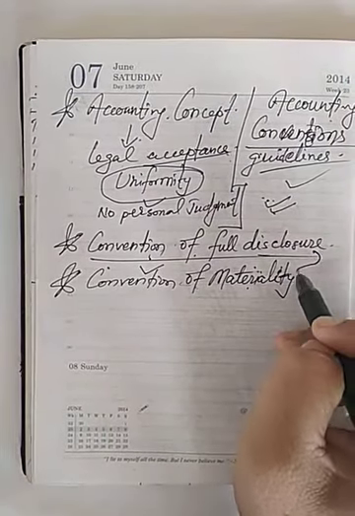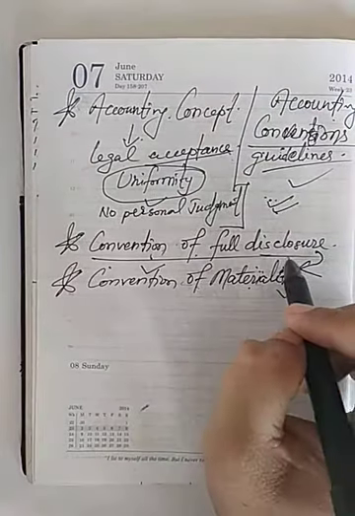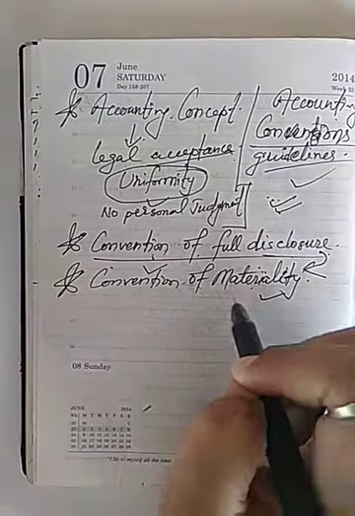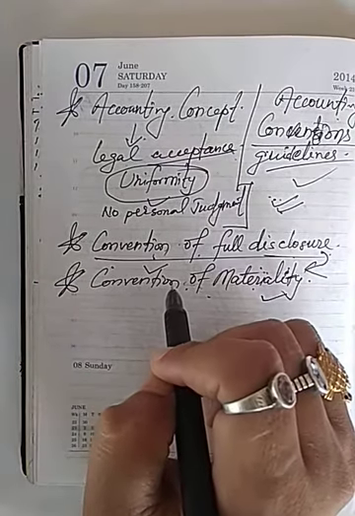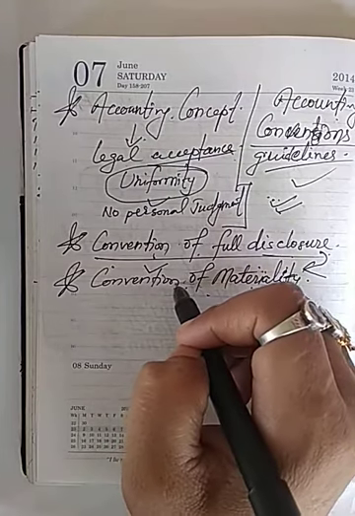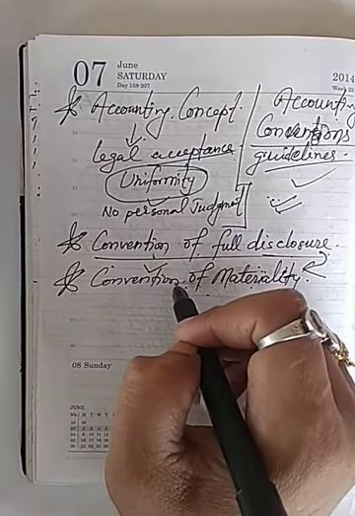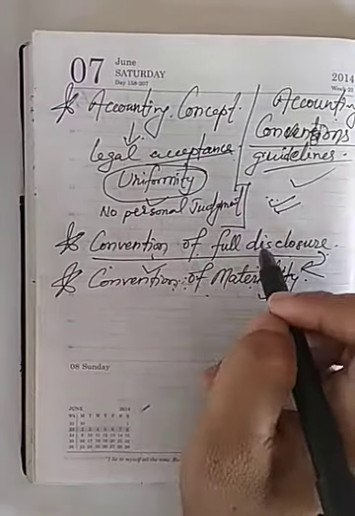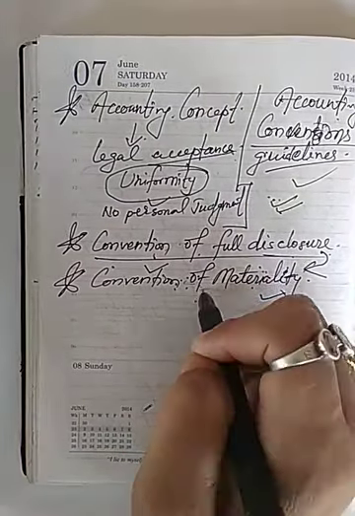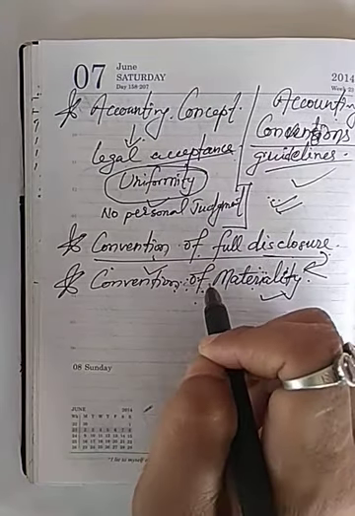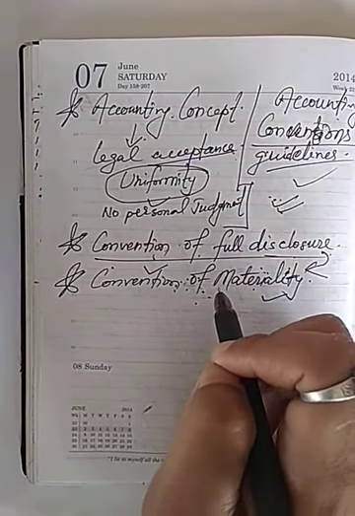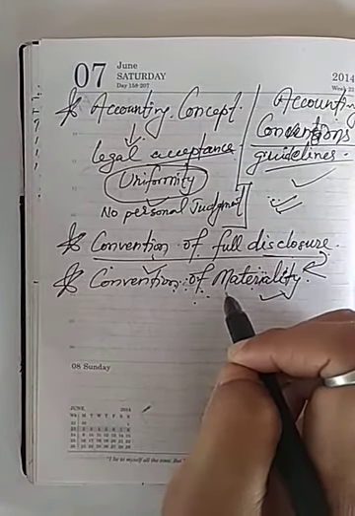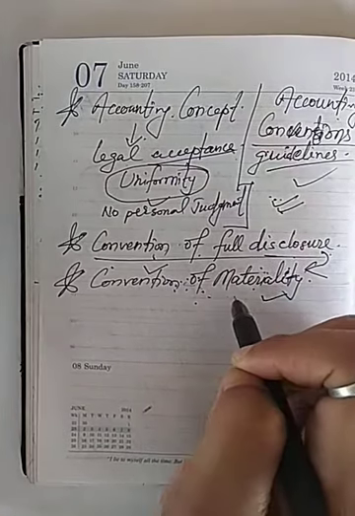According to this convention, items having an insignificant effect or being irrelevant to the user need not be disclosed. These unimportant items are either left out or merged with other items.